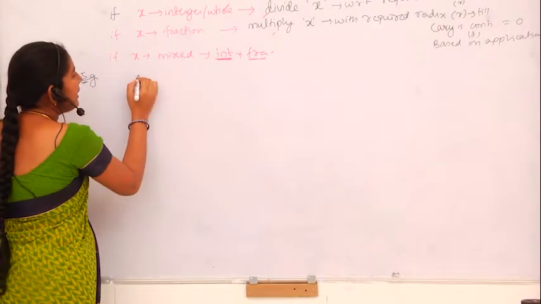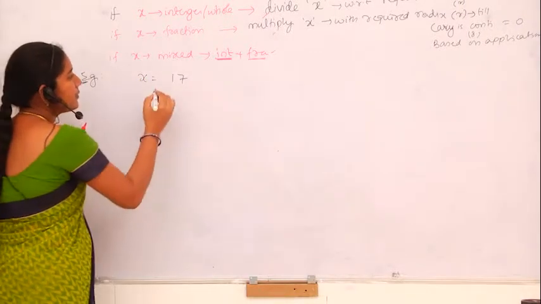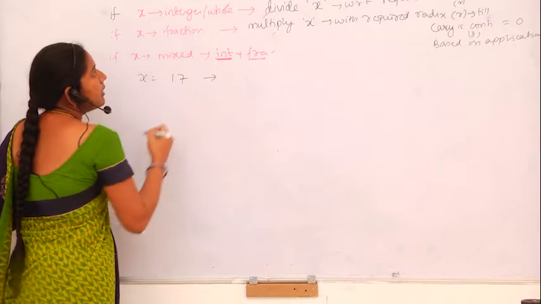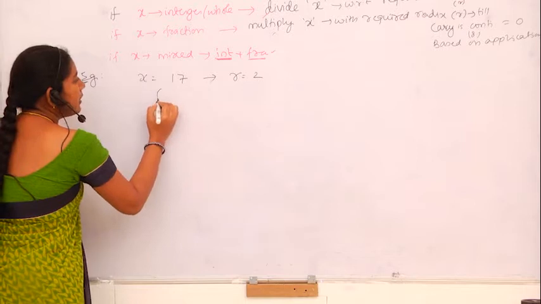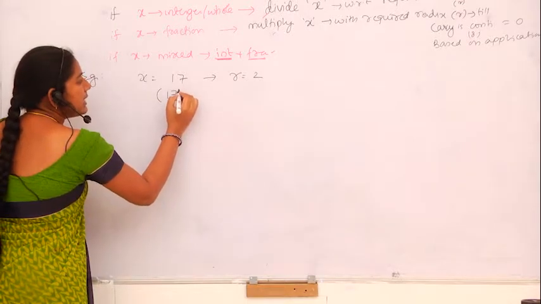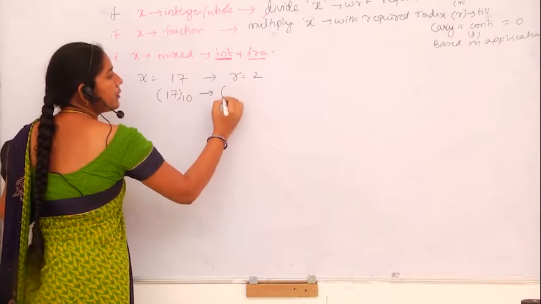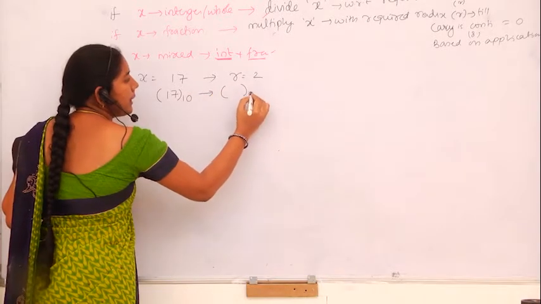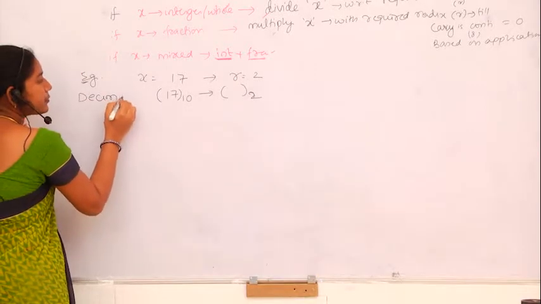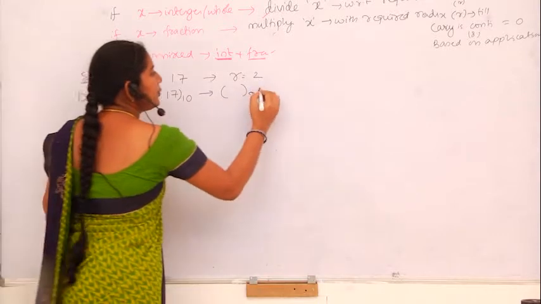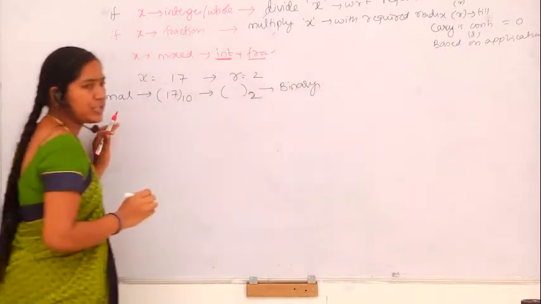Initially, let x value be 17 and I am assuming radix value is 2. Now, we need to convert 17 of decimal into a binary value. So, this conversion is decimal to binary conversion.